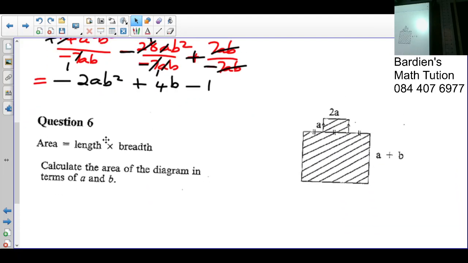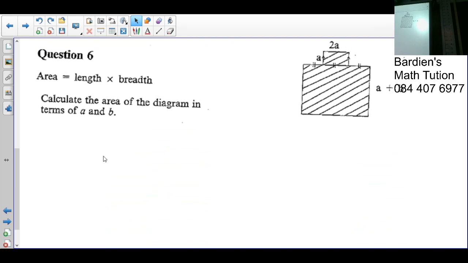And the last question, question 6. If area of a rectangle is length times breadth, calculate the area of the diagram in terms of a and b. So we're looking at this shape here.